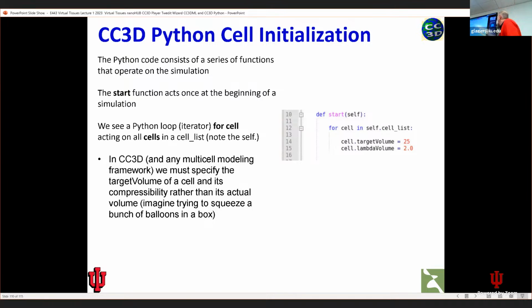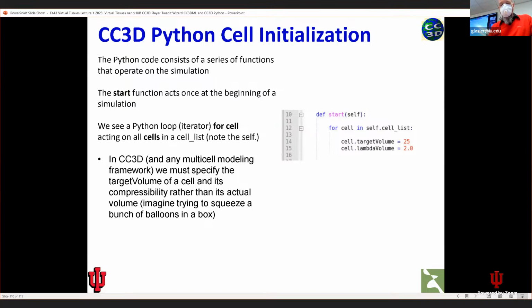And you'll see something that's very Pythonic, which is for cell in self.cell list. CompuCell will keep a list of all the cells in the simulation, and if I want to do something to every cell, the syntax is for cell in self.cell list. So that Python you'll have to learn and use the colon to define the ending of Python.